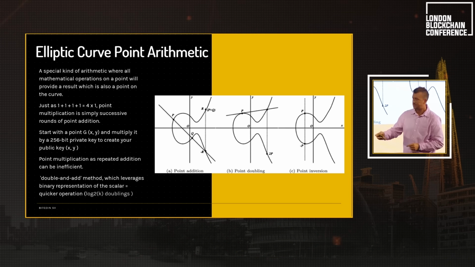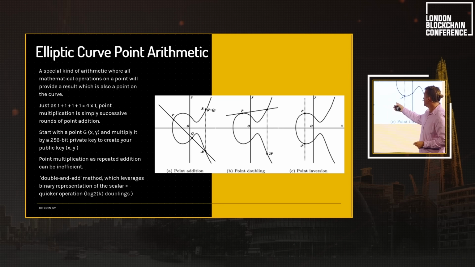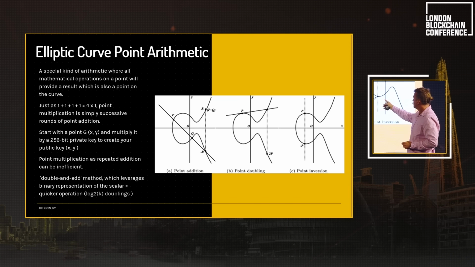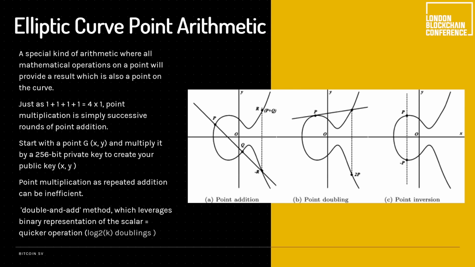And so if we see up there, we've got points P and Q. When you draw a line that intercepts them, it intercepts the curve at a point which is the negative, or the inverse, of that addition process. So P plus Q intercepts the line at minus (P plus Q). Because they are symmetrical about the x-axis, you can flip it back up and you then get that point.